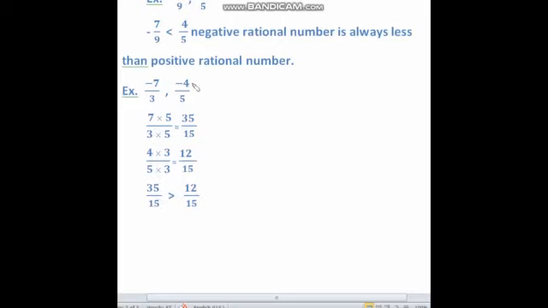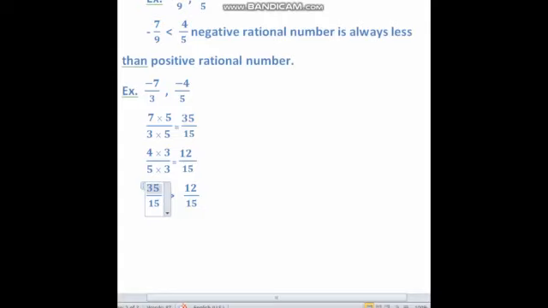But what we have been given is minus 4 upon 5 and minus 7 upon 3. So this sign will be reversed for negative rational numbers. So directly we can reach the final conclusion.